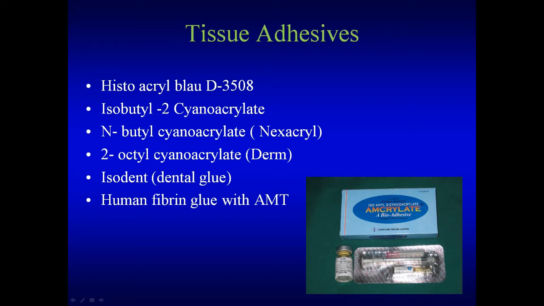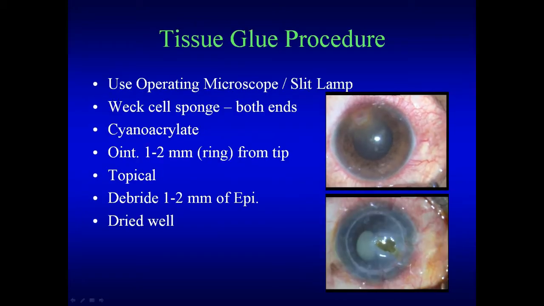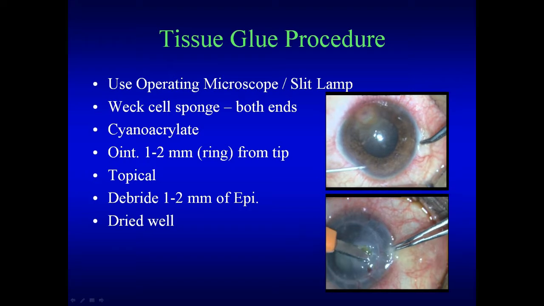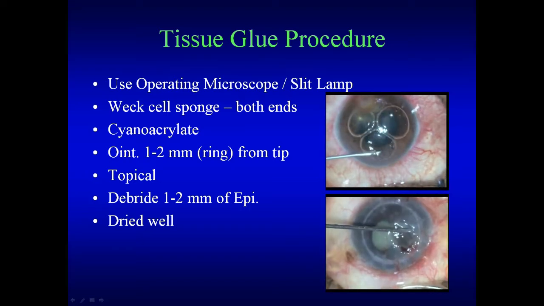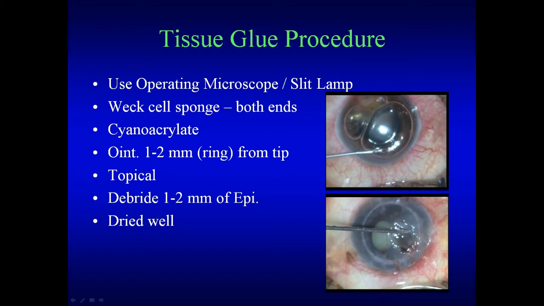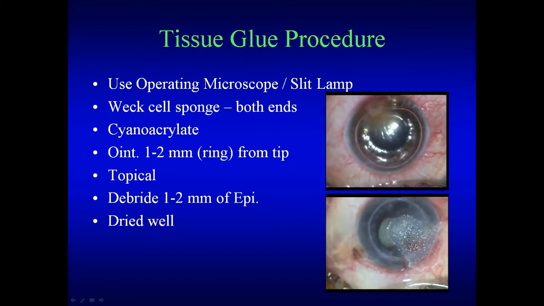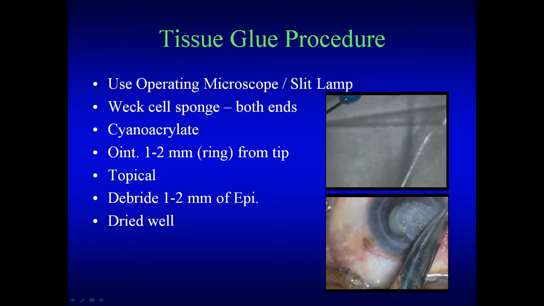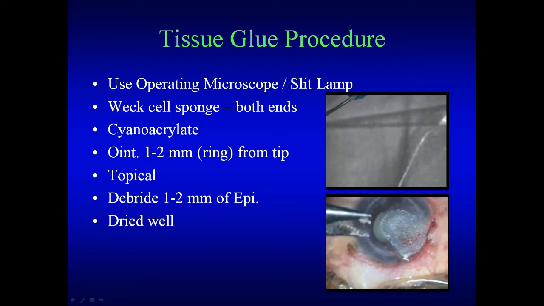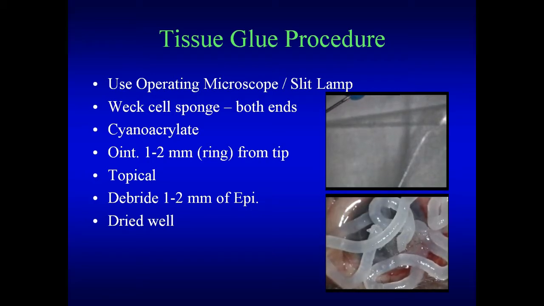However, you can have an off-label use of it, and always do it either at the slit lamp or at the operating microscope. Make sure the surface is dry before you apply the tissue glue. Sometimes you will have to go into the chamber and put in some air, and apply just about enough tissue adhesive as is required.